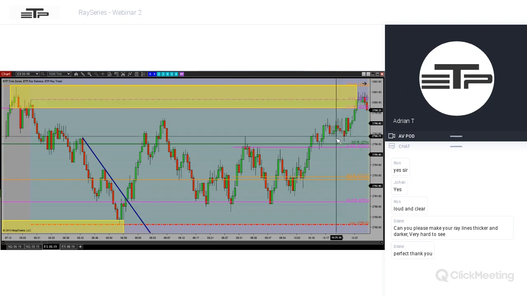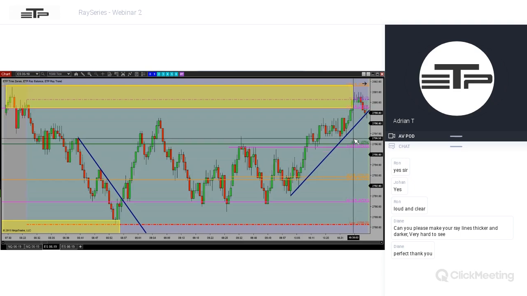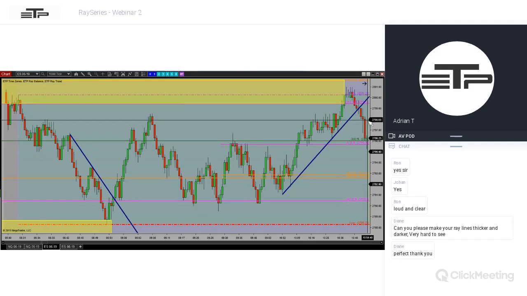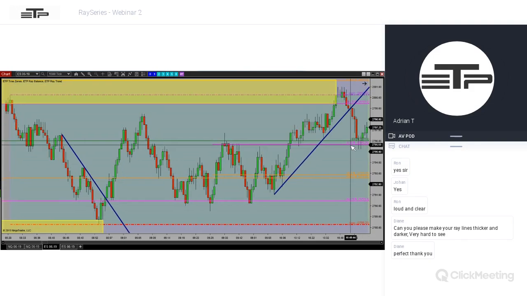We're not necessarily just entering at market. Entering at market's a little bit ridiculous when it just reaches a potential structure level. And the other option is to use the Ray line, obviously with the RayTrader, and we just have to close below the Ray line, and let's see what happens from there.